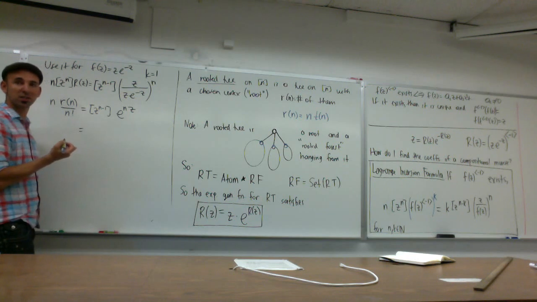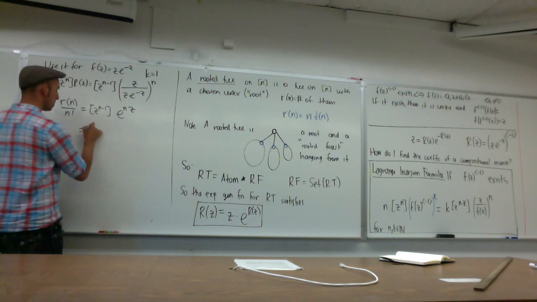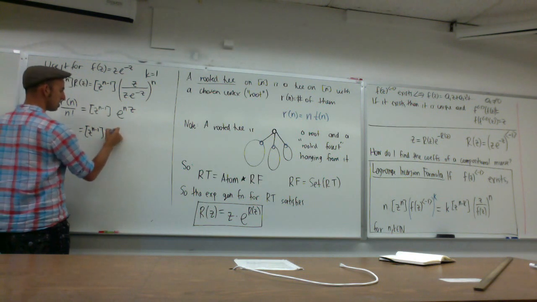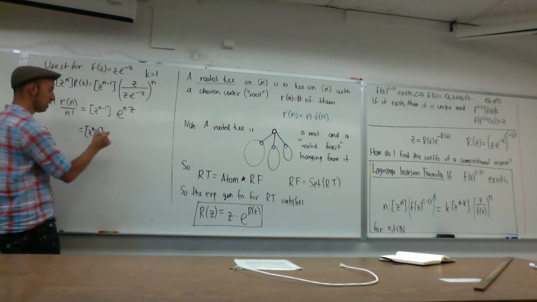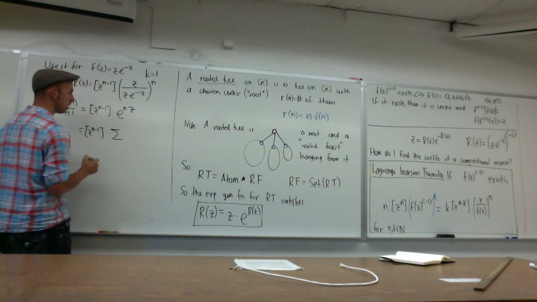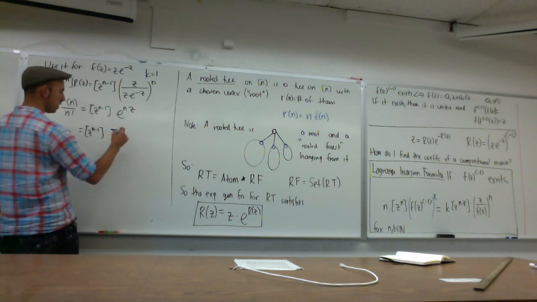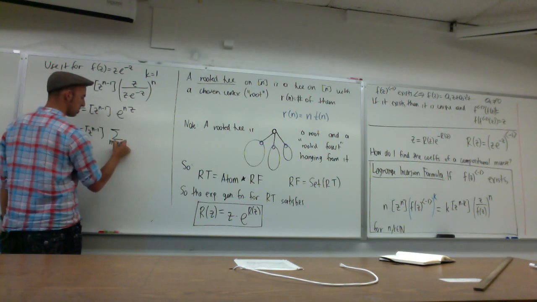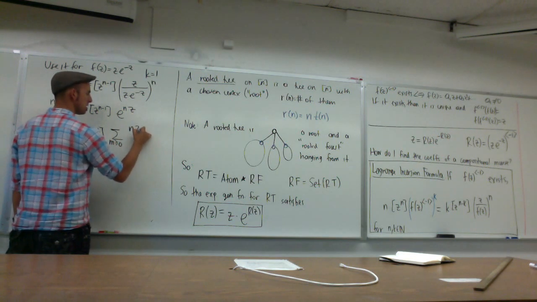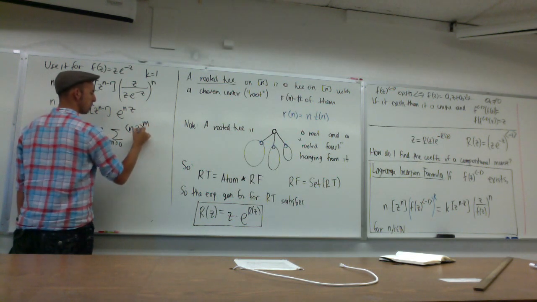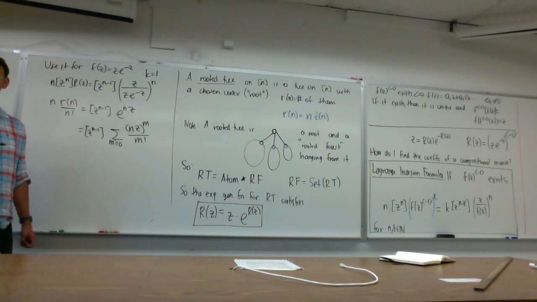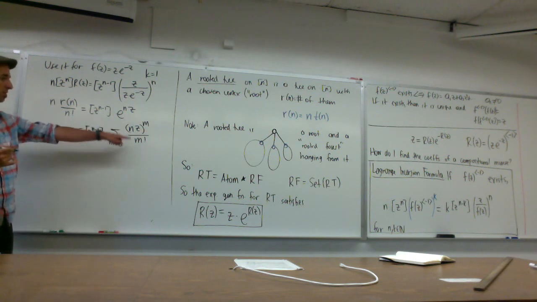So that looks like it's good news, that this is easy to compute, right? We know how to find the power series of an exponential. It's equal to the sum over, let's say, m greater than or equal to 0 of nz to the m over m factorial. This is e to the nz.